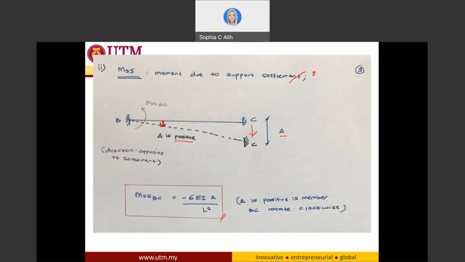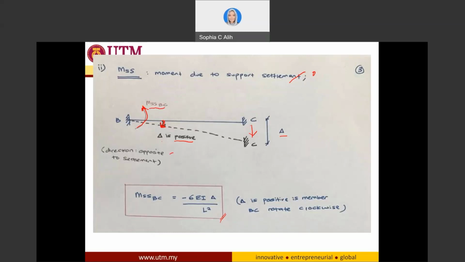So moment due to support settlement is actually the moment that tries to push your structure back to the original position when settlement happened. So if your settlement happened in the clockwise direction, the direction of the moment is going to be opposite the settlement. So this is what we call the MSS BC.